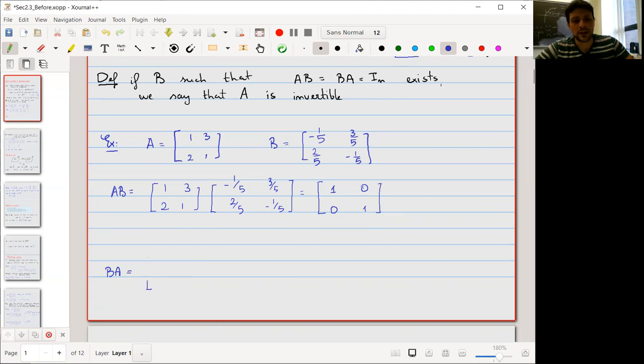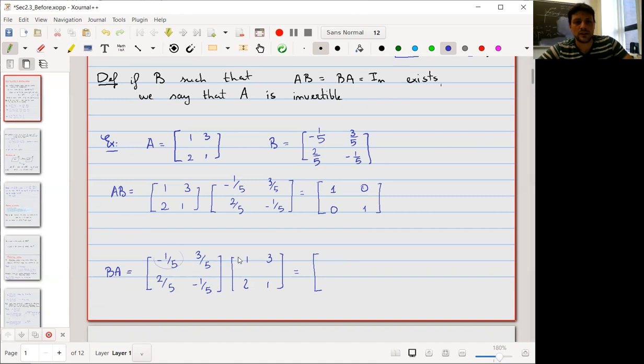Let's do it the other way around. 2/5, 3/5, minus 1 over 5, multiplied by 1, 2, 3, 1. So when I multiply these, my first entry is minus 1/5 plus 6/5.